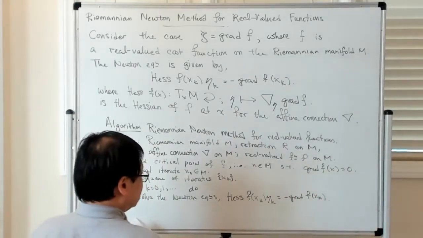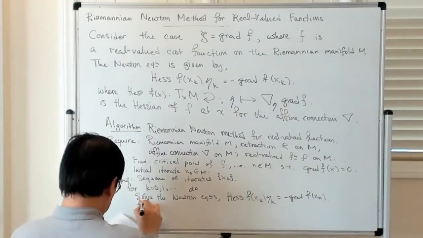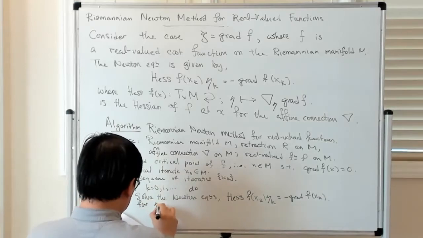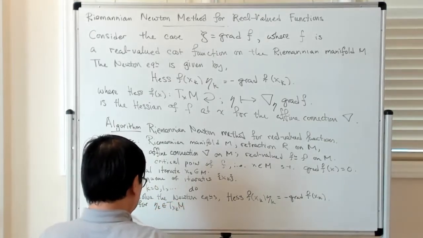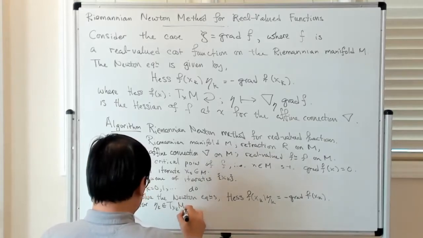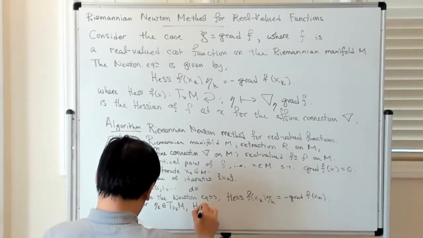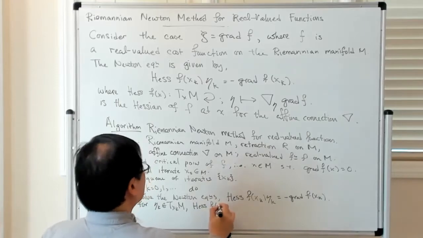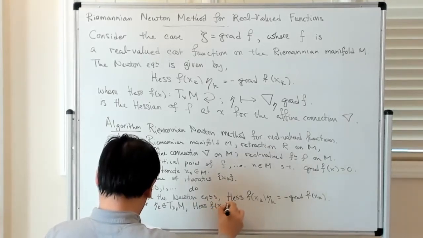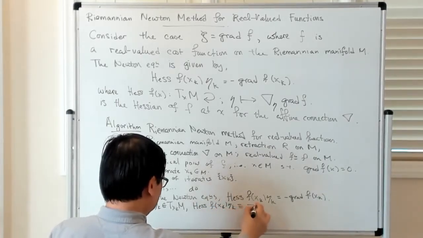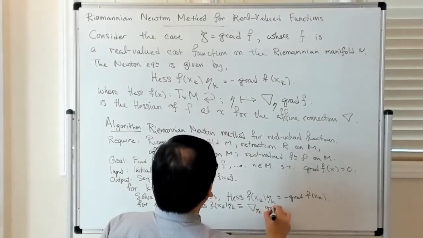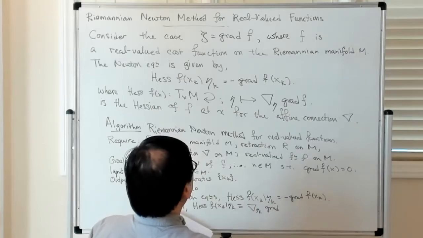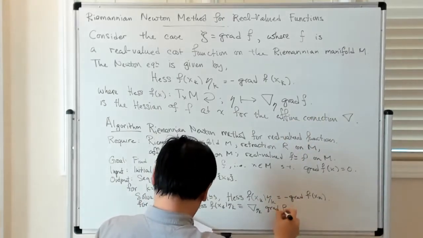We solve this for eta k, which is in the tangent space at the point xk to the manifold M, and then the Hessian is defined to be the covariant derivative of the gradient of f, which is what I had here.